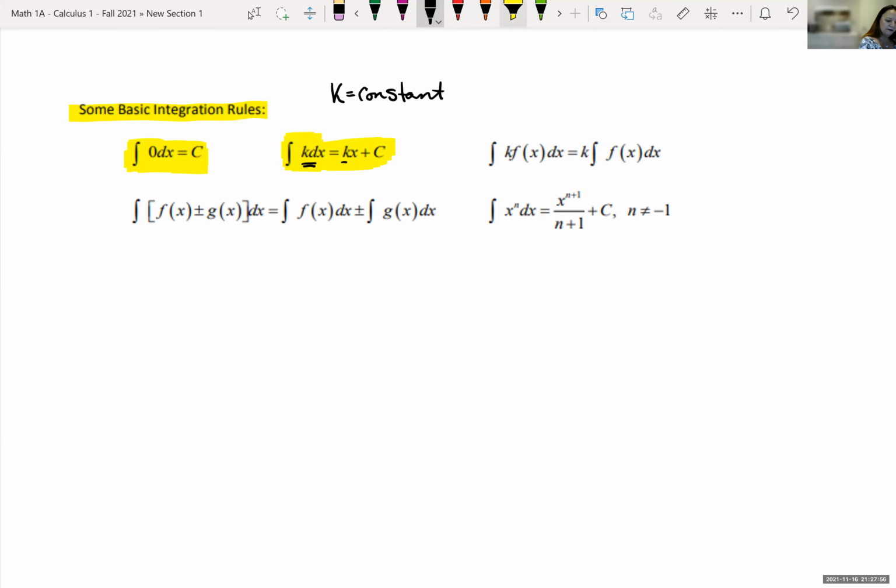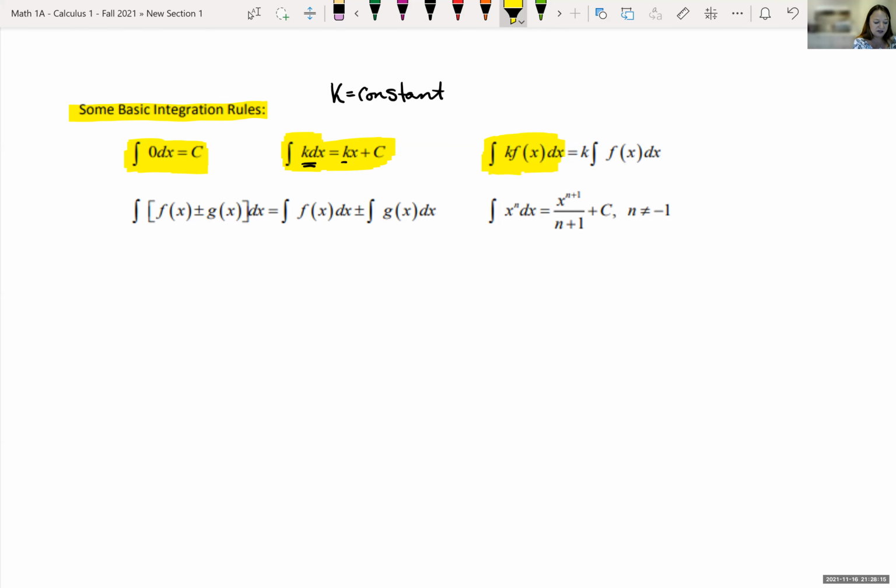Well, if we have a coefficient, just like when we're taking derivatives, if we had a coefficient in front of our variable, we kind of ignored that coefficient and we just took the derivative of that variable piece of that term, and we would just multiply it by that constant. So same sort of idea here.